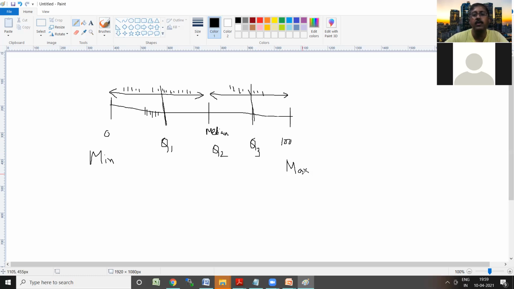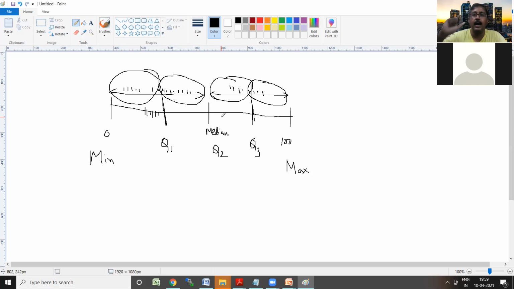So this way we can look at the data distribution or the data spread in a much more fine-grained fashion, and for each of them we can see how many observations are there in each of these quartiles. That will give us an idea again of how much spread the data has.